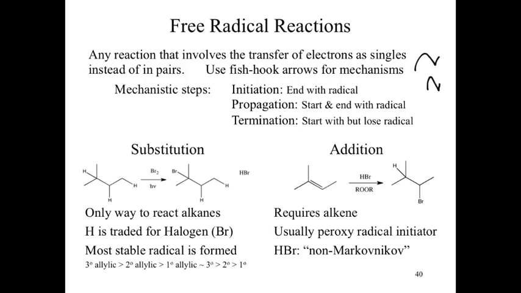In our addition reactions, they will require an alkene because it's an addition. It's got to react with a pi bond. And they will usually use a peroxy radical initiator as opposed to light. When using HBr, we get a non-Markovnikov result. So it's a slightly different result than we would see from a standard addition reaction. So kind of interesting in that respect.